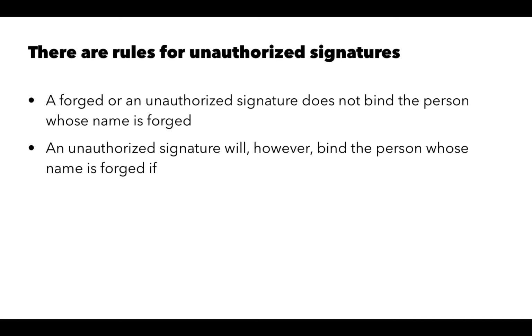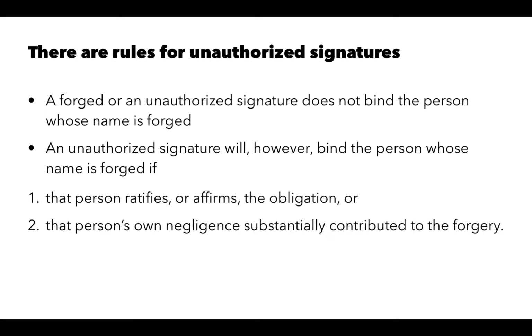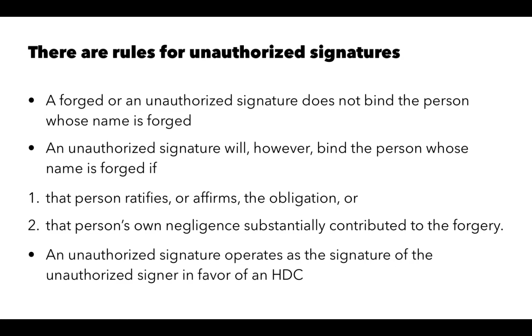An unauthorized signature will bind the person whose name is forged if, however, that person ratifies or affirms the obligation, or that person's own negligence substantially contributed to the forgery. An unauthorized signature operates as the signature of the unauthorized signer in favor of a holder in due course. So an unauthorized signature can operate as the signature of the unauthorized signer. That's his signature, even though he is using a different name.